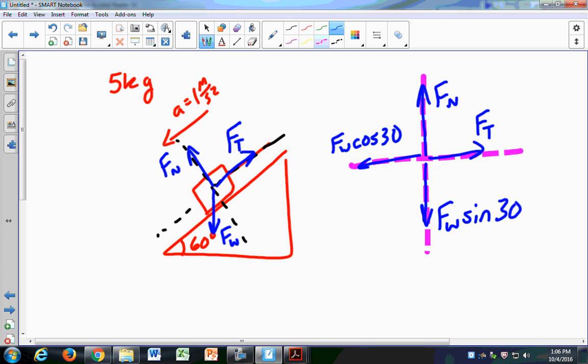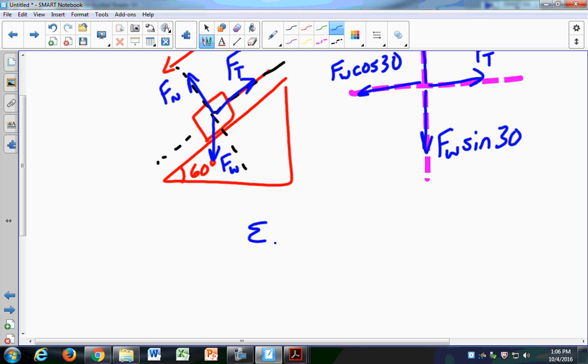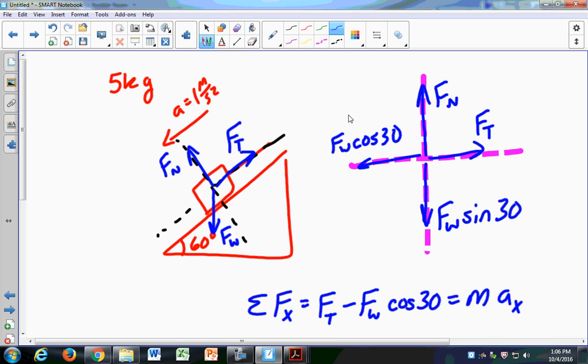And then, since I'm looking for the tension, I look only at the x. I say the sum of the forces in the x is equal to Ft minus Fw cosine 30 equal to ma x. But notice it's accelerating in the x direction. In fact, it's accelerating in the positive or negative x direction? It is in the negative.